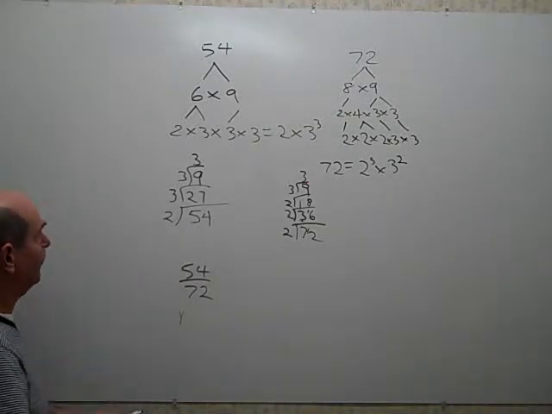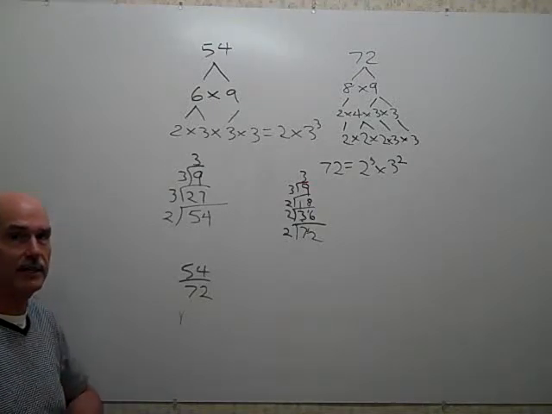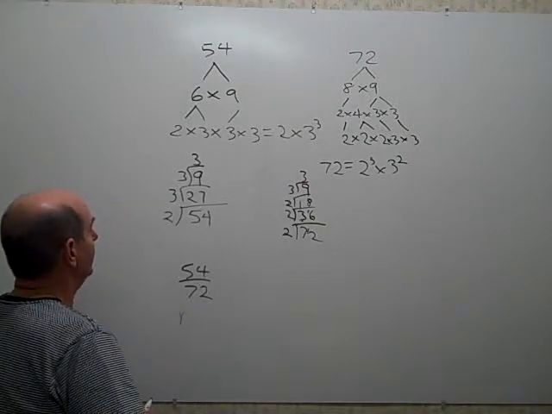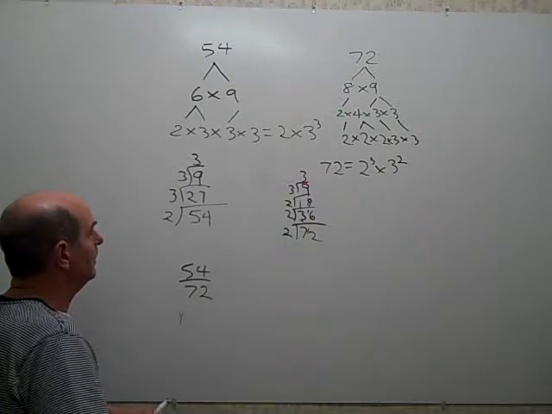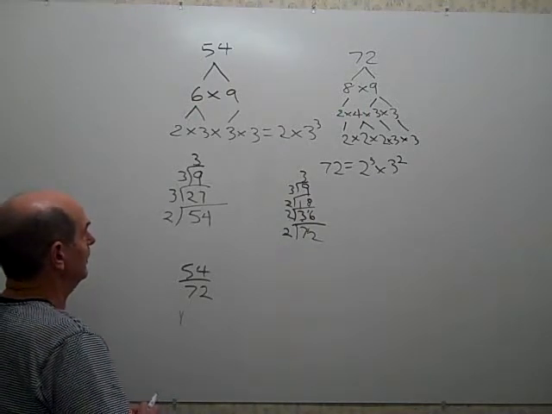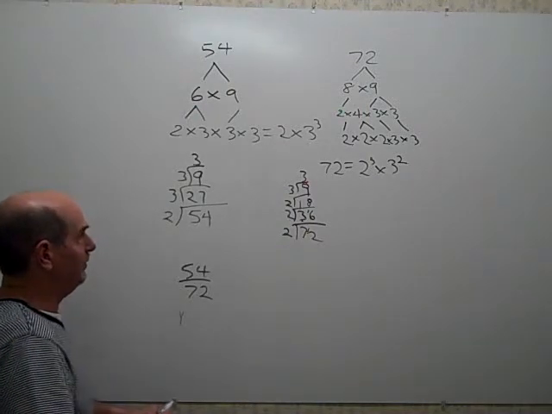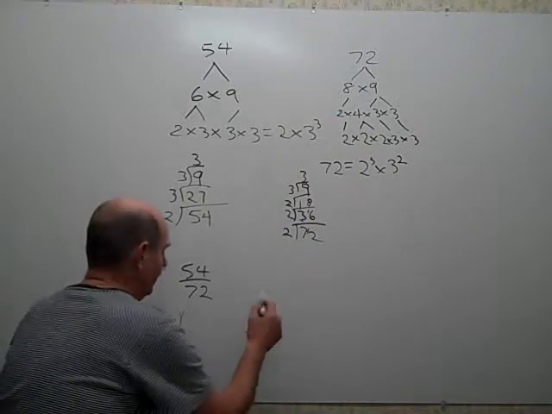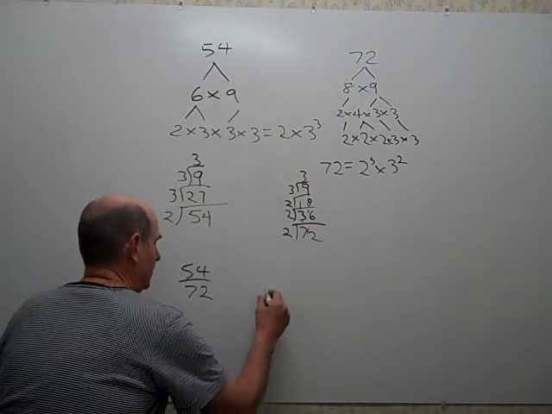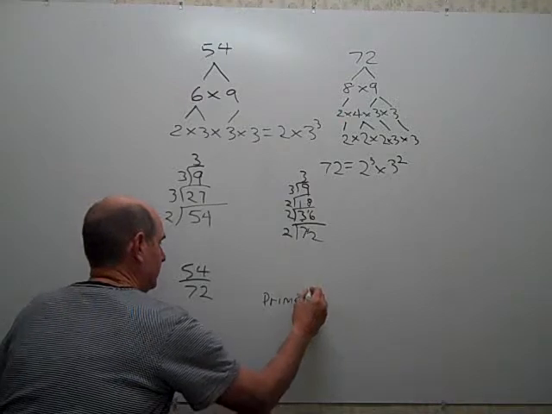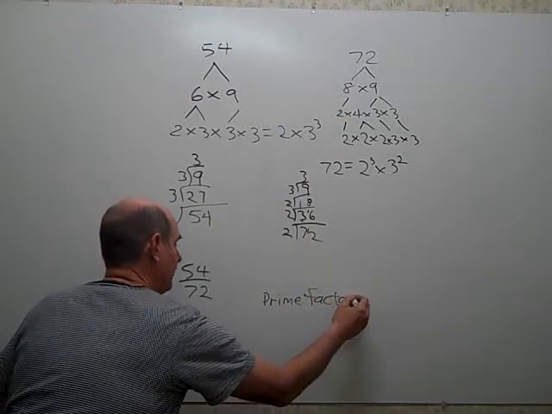But the way that I can use prime factorizations to find the greatest common factor is to look for the prime factors they have in common, which means they both have to have it.